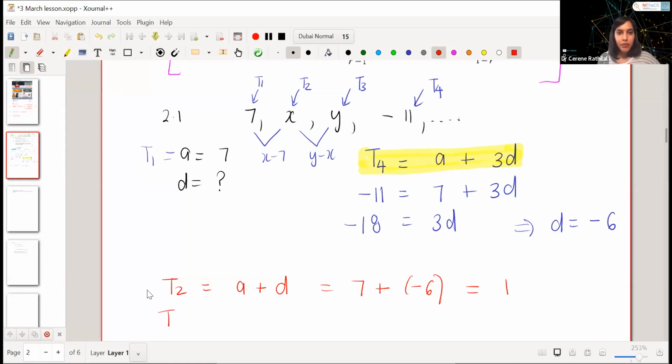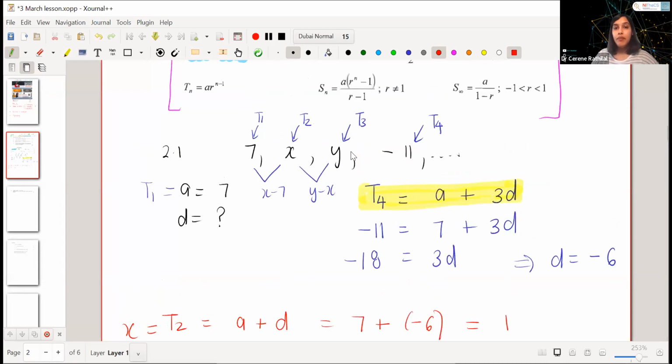All right, term 3. So that was X. I've solved for X. Now I want Y. Y is term 3. Term 3 is nothing but A plus, I'm again using the above formula.